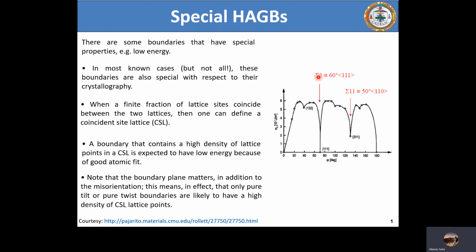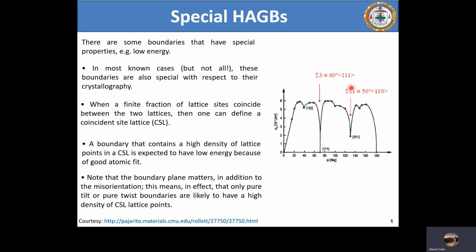What I mean to say is that we need to understand the physical significance of sigma 3 and sigma 11. If you're looking at sigma 3, this means that every third lattice plane between the two adjoining grains is expected to be in perfect coincidence with each other.